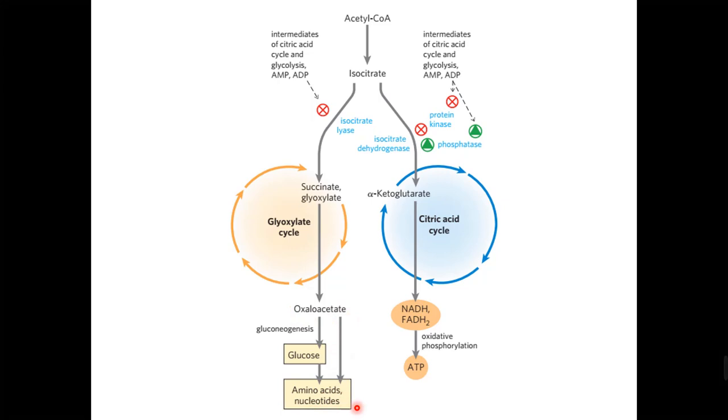Why are these two very important? Because the citric acid cycle comes directly under the central metabolic pathway, and energy is the main priority. The glyoxylate cycle is not present everywhere; based on the condition, glyoxysomes are rich in the glyoxylate cycle and produce more oxaloacetate, which will liberate glucose by gluconeogenesis, and glucose to amino acids and nucleotides will be formed.